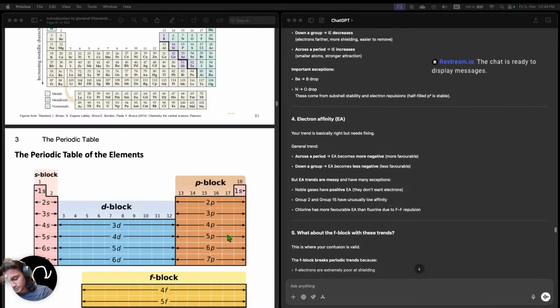Atomic radius. Down the group, it increases. Across the period, atomic radius decreases.